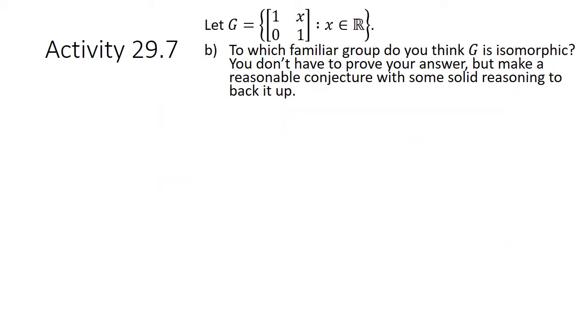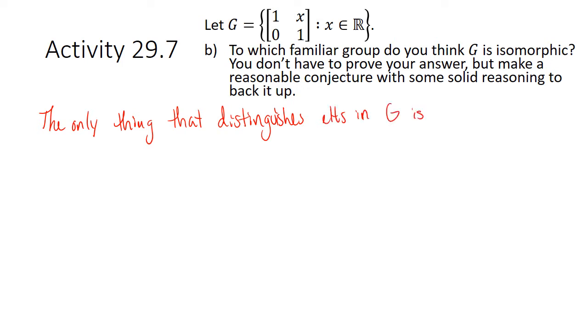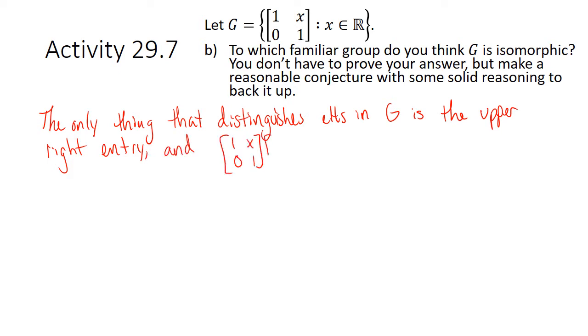So let me just say that on this slide here. The only thing that distinguishes elements in G is the upper right corner entry. And when you multiply two elements together like this, you get that it just adds together the two upper right corner entries like this.